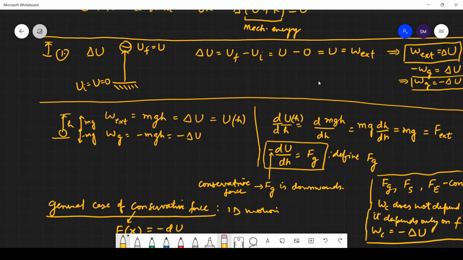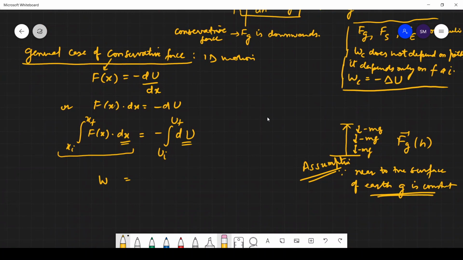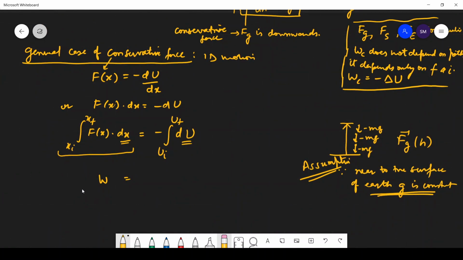Here you will be asking, sir, why are you writing this formula for conservative force? Because for gravitational force I am taking it as constant, but actually it is varying. This is just an assumption. Actually, Fg varies with height.